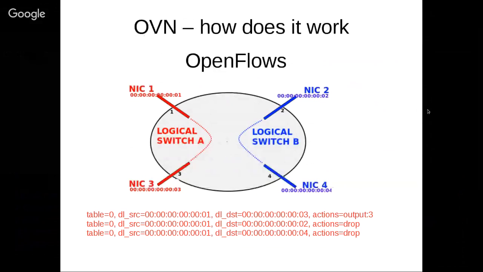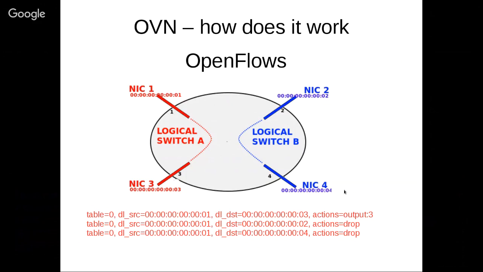For example, the rules below control how the traffic flows from port 1 to other ports on the system. We can see that the first rule specifies that all traffic from NIC 1 will be outputted to port 3.